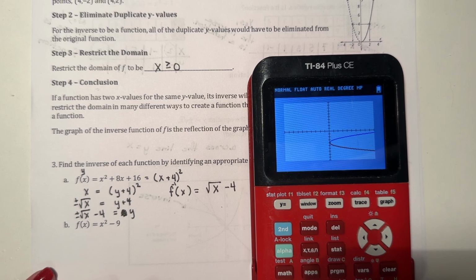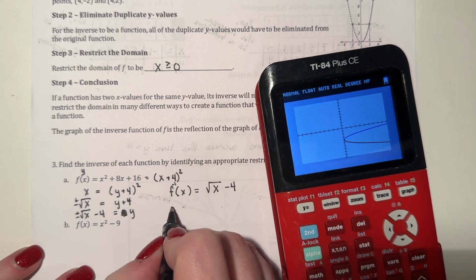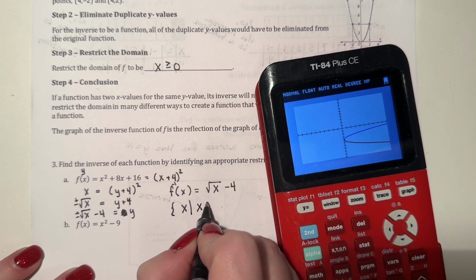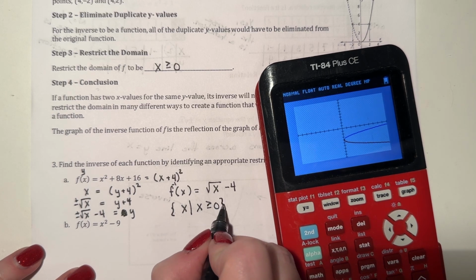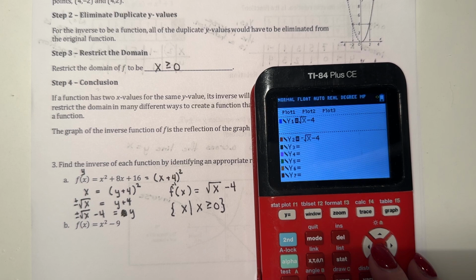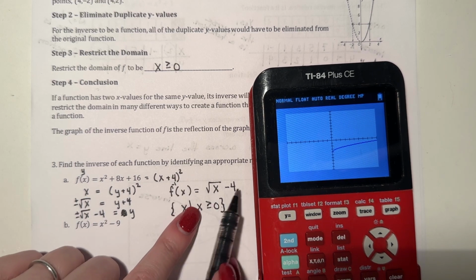Which values are they going to be? All of our negative values. So the values we want to keep are where x is greater than or equal to 0. Now again, if you're having a little trouble seeing that, remember we want to get rid of the negative half of the equation, so I'm going to turn it off. And we're just going to get rid of that bottom half. That's what you see right here.